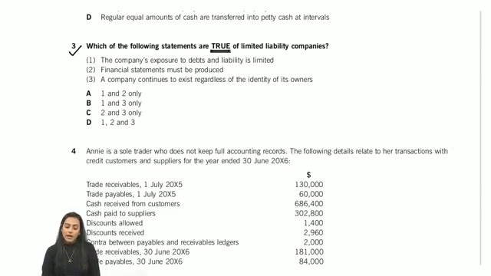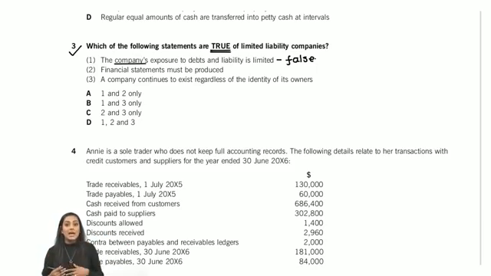1. The company's exposure to debts and liability is limited. This is false. A company will have an unlimited amount of liability and an unlimited amount of debts.